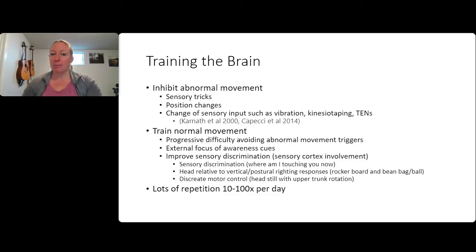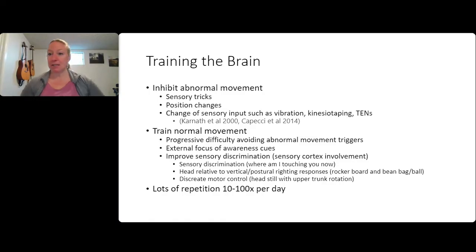So this could look like, while you've got that person on the mat table, you may be giving them those small little touches, light touch with like a feather or something small. Where am I touching you now? How about now?